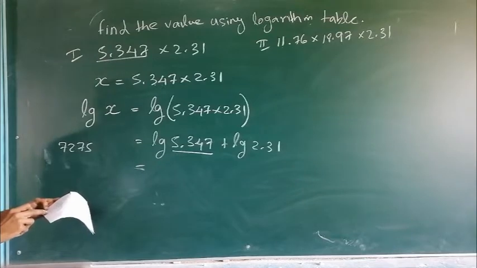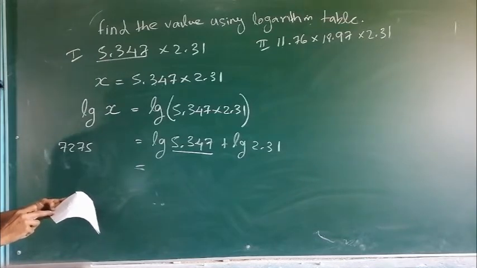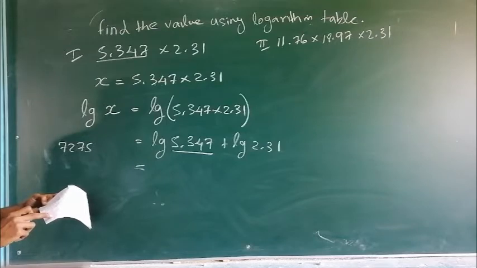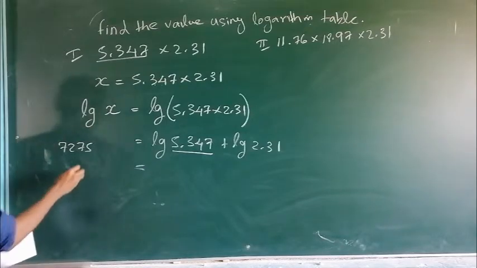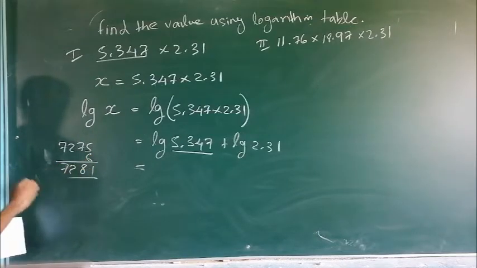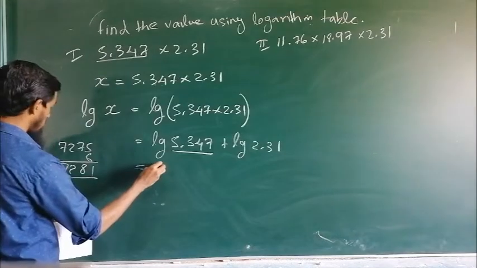The main difference we have is 7. So on the 7th column we have 6. So we need to add. So 72, 81 is our answer.